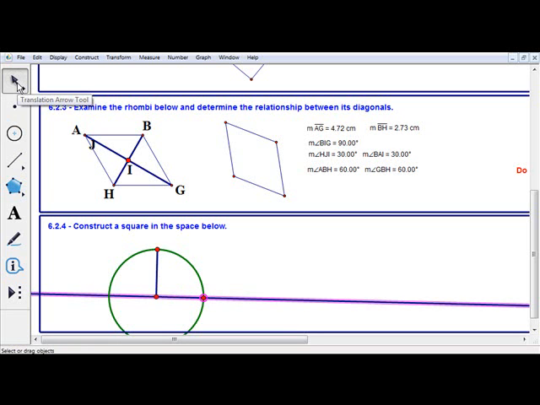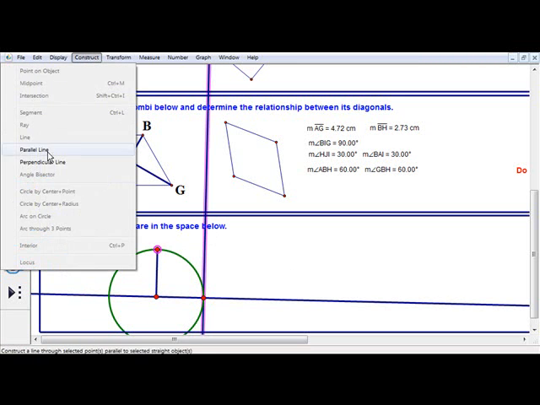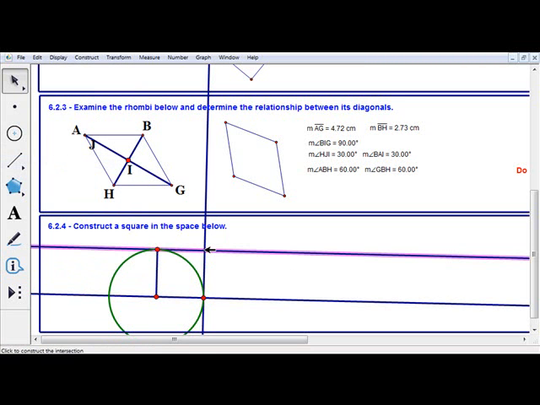How can we find the 4th one? It also has to be perpendicular through this point, right? So if we construct another perpendicular here, and then it has to be perpendicular through this point to this line, construct another perpendicular, we now have our 4 points.